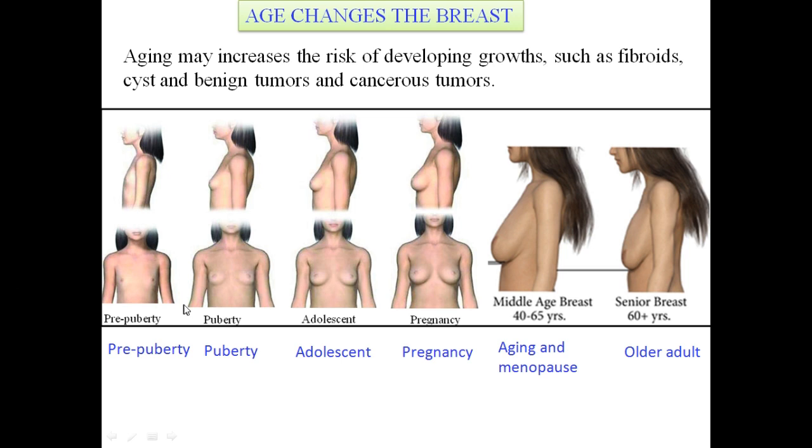Age changes in the breast. Here, aging may increase the risk of developing growths such as a fibroid, cyst, tumors.